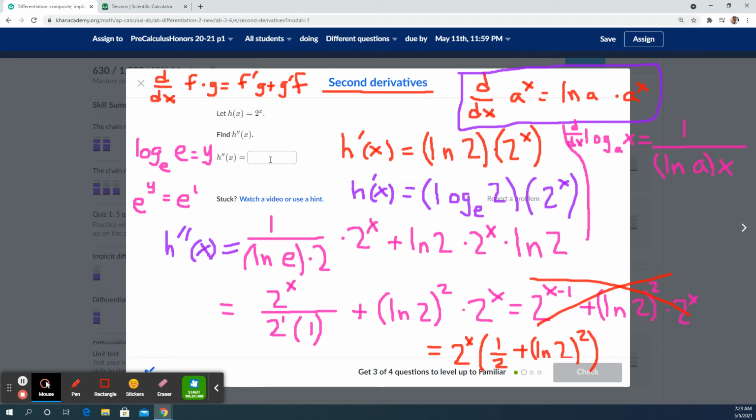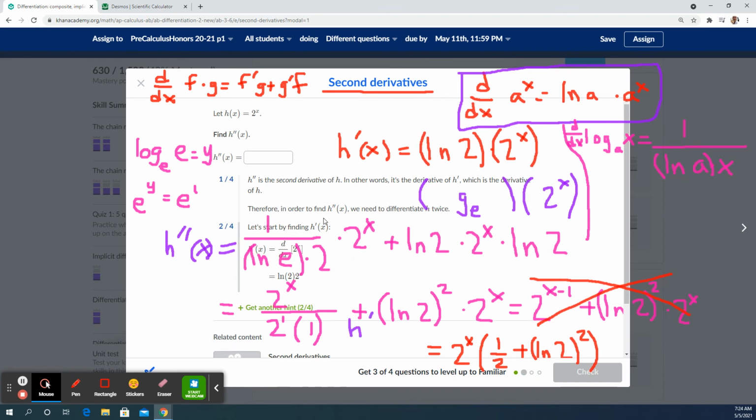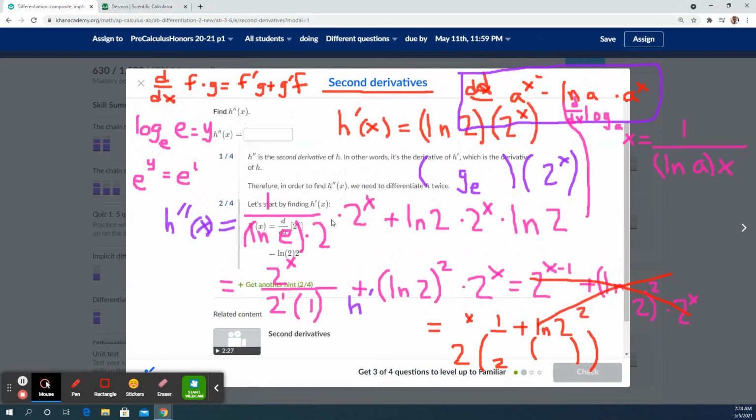All right, so I'm just going to go ahead and use the hint. So my final answer was this 2 to the x monster right here. Let's see what the hint says. All right, so we're doing it twice. Yes, we're doing it twice. Another hint. All right.